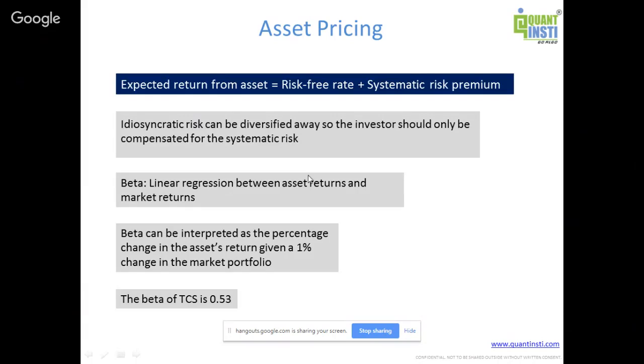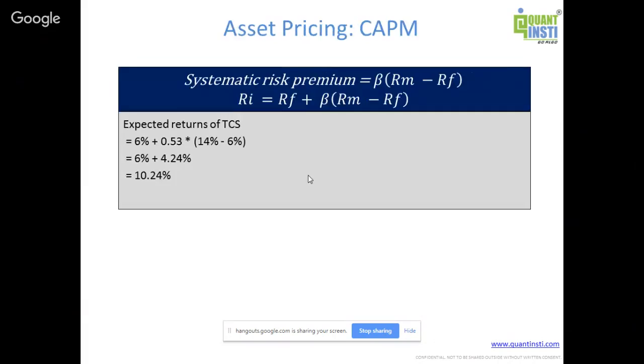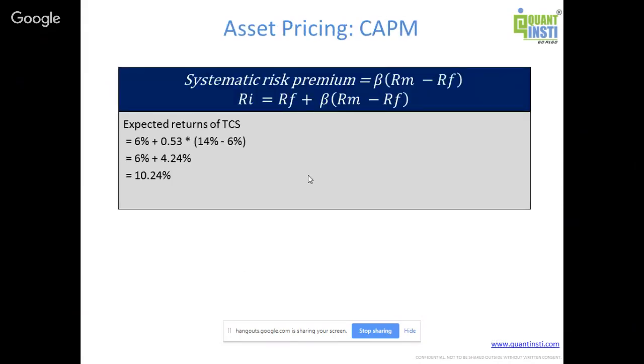Okay, so now we got the relationship. Before answering this, we can safely say that the systematic risk premium is nothing but beta times RM, where RM is the return from the market. Forget this equation, it's complicated, but just try to understand that beta is used as an estimator of the systematic risk premium.